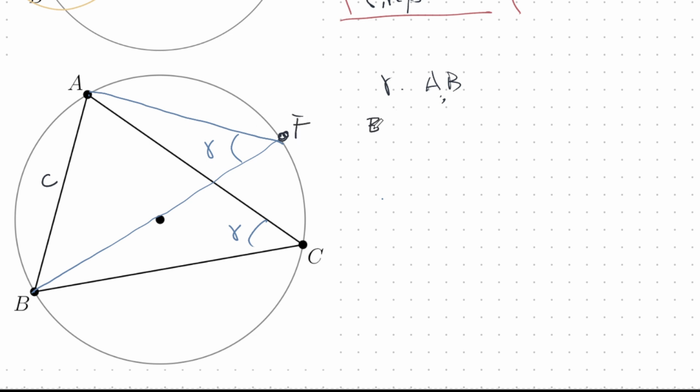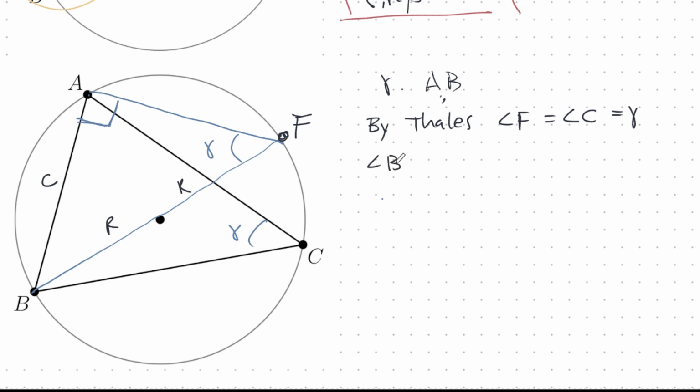So by Thales, again, a super powerful theorem, angle F is angle C. And this is gamma. And this will allow us to calculate the sine because this is a diameter line through the center, so this angle here must be 90. All right, so let's write that down.